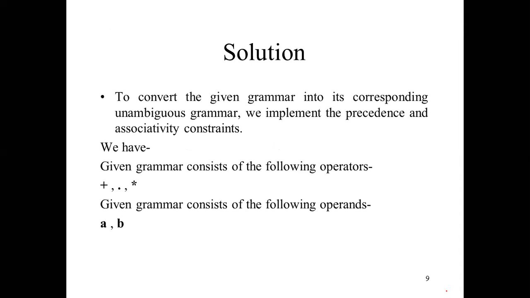Now see here, to convert the given grammar into its corresponding unambiguous grammar, we implement the precedence and associativity constraints. As rule 1, we are going to implement the precedence.